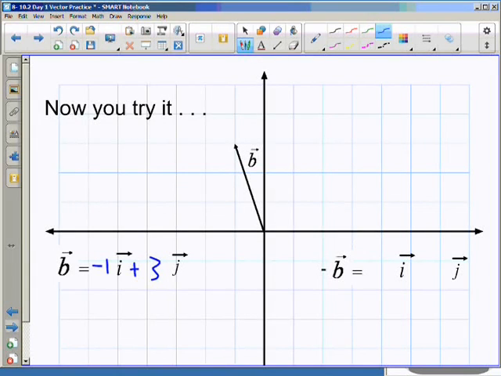If we multiply by a negative, we would simply take this vector, negative 1i plus 3j, and multiply it by a negative 1. That gives us 1i minus 3j. Pretty straightforward stuff, probably.